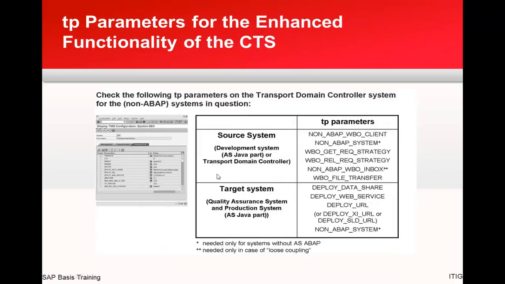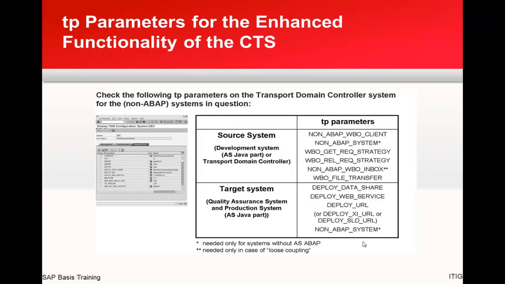These are basically the TP parameters that we need to put: non-ABAP WBO client, non-ABAP system, WBO get request strategy, release strategy, WBO inbox, and file transfer. This needs to be defined on your JPD system.